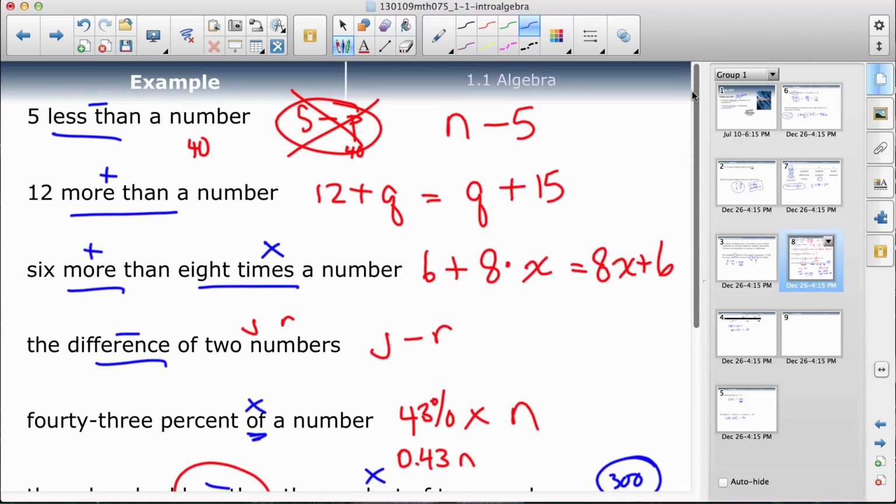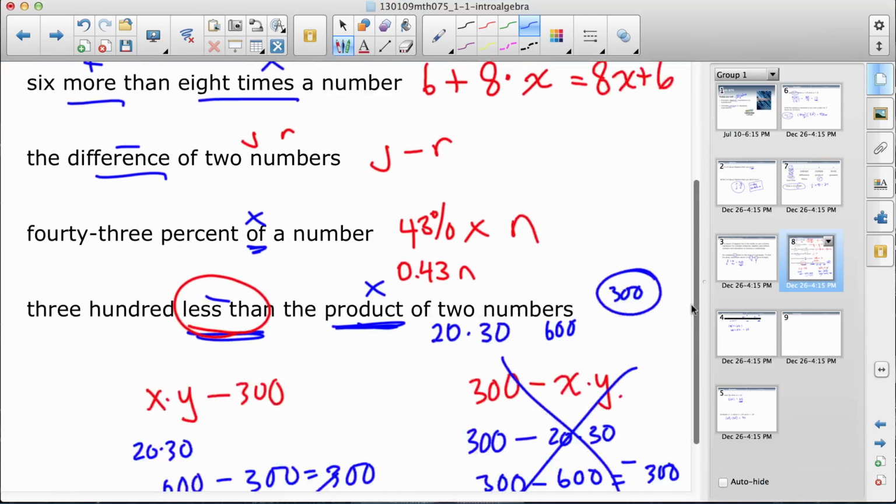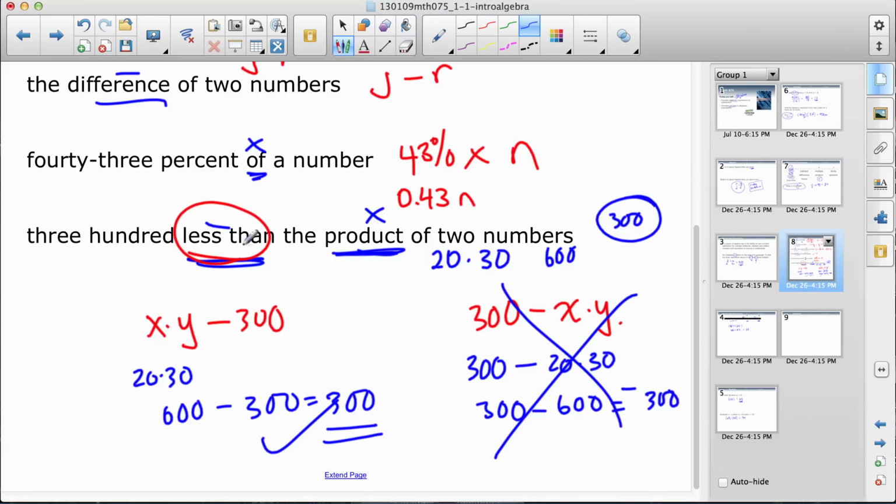If they say less than, like 5 less than a number, you've got to make sure that you check it. Typically, if it says 5 less than a number, you take the number, take away 5. Or when they say 300 less than the product of numbers, find the product, then subtract 300.